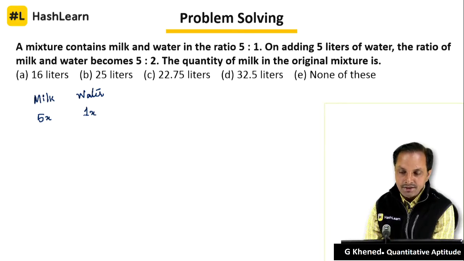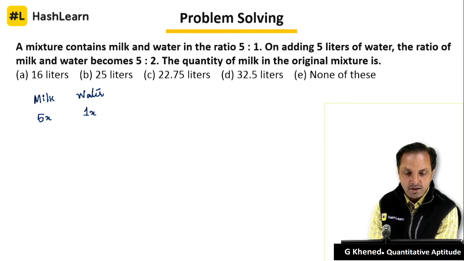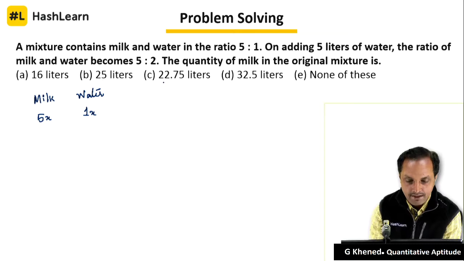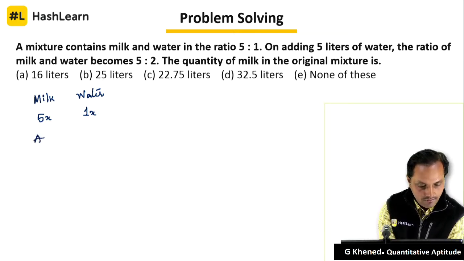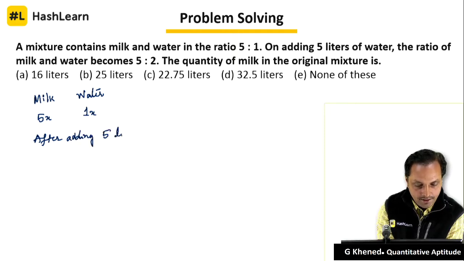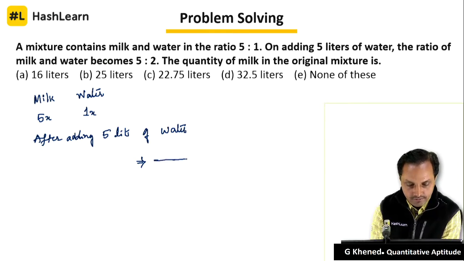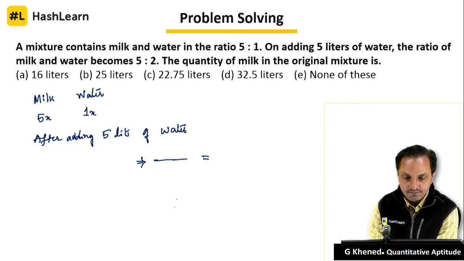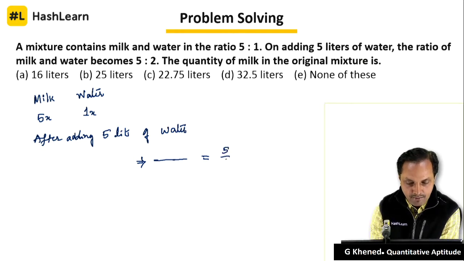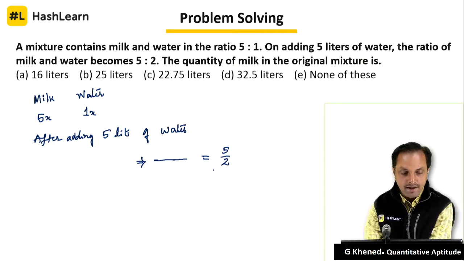On adding 5 liters of water, the ratio of the milk and water becomes 5:2. What happens when you add 5 liters of water? The ratio becomes 5/2.